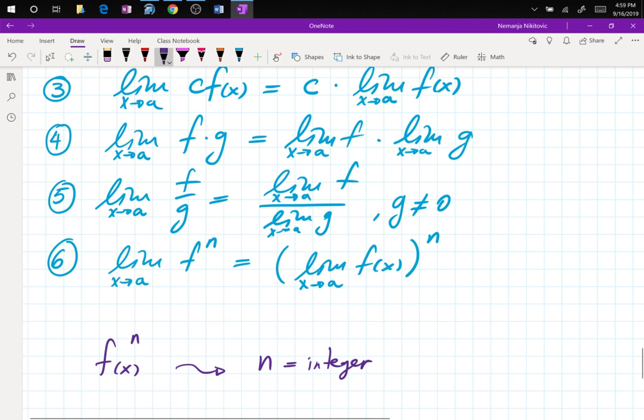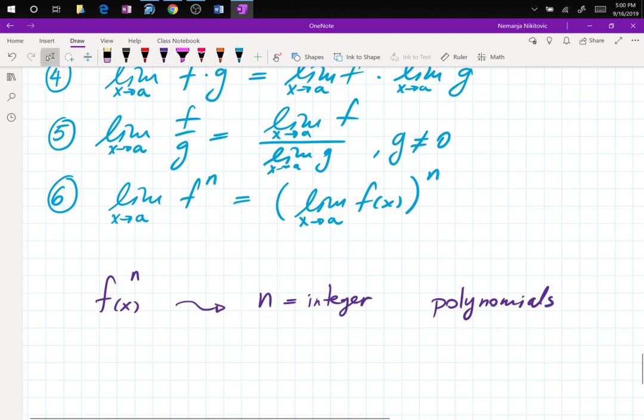And if it's a whole number, n larger than 0, you get polynomials.